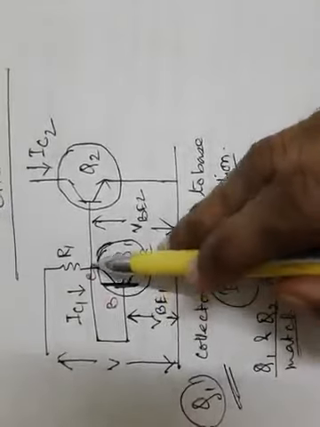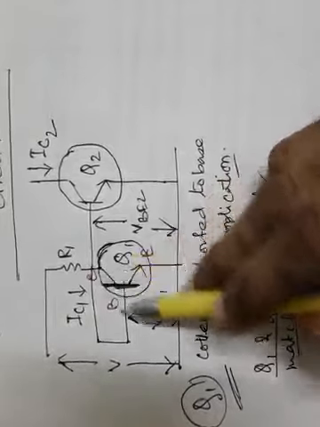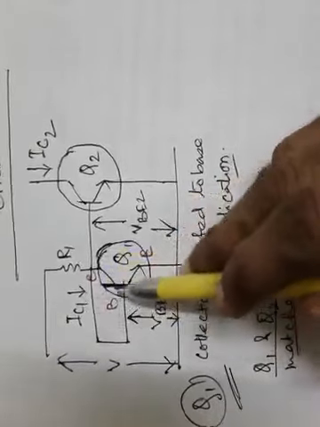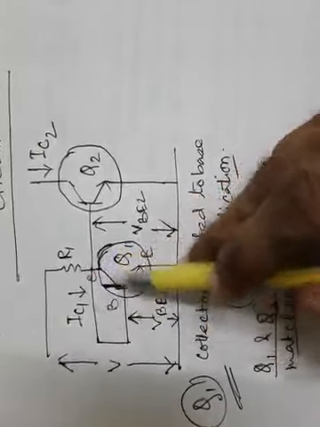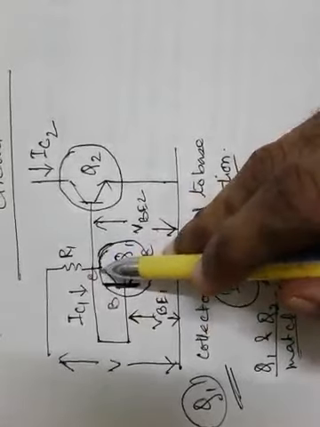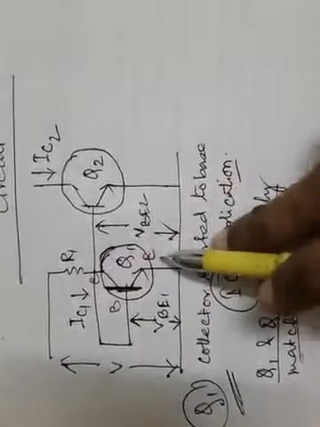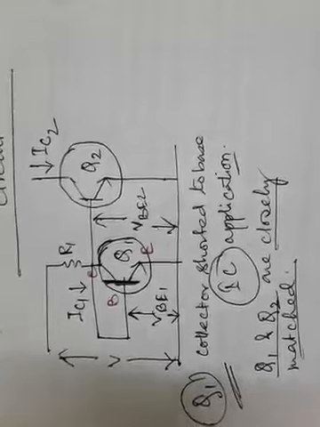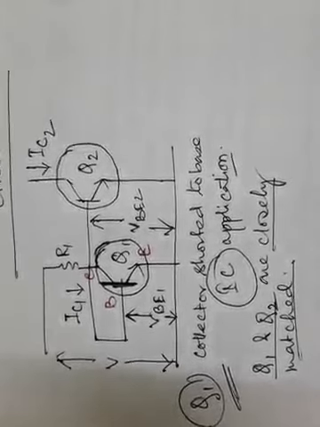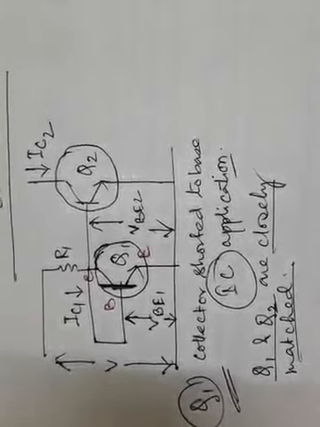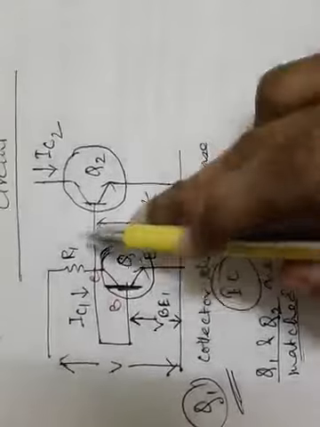The collector, which is directly connected to the base, so base and collector combined work like the anode of that diode, and the emitter works like the cathode of that diode. Okay, so the current IC1 can now be calculated.